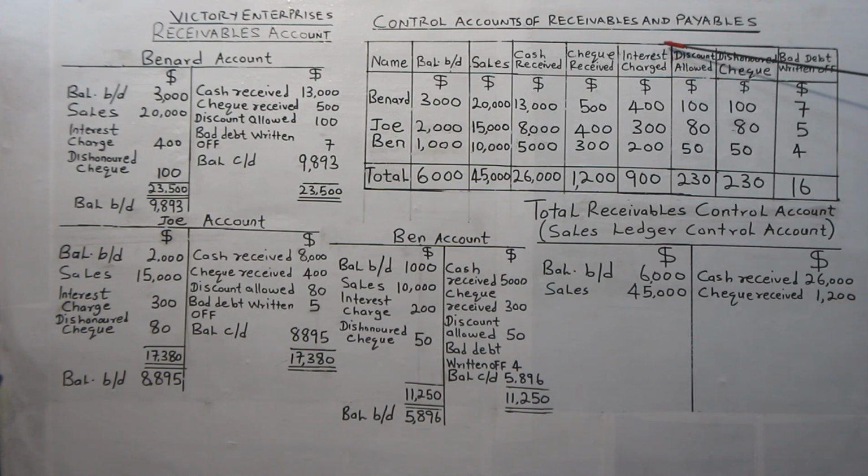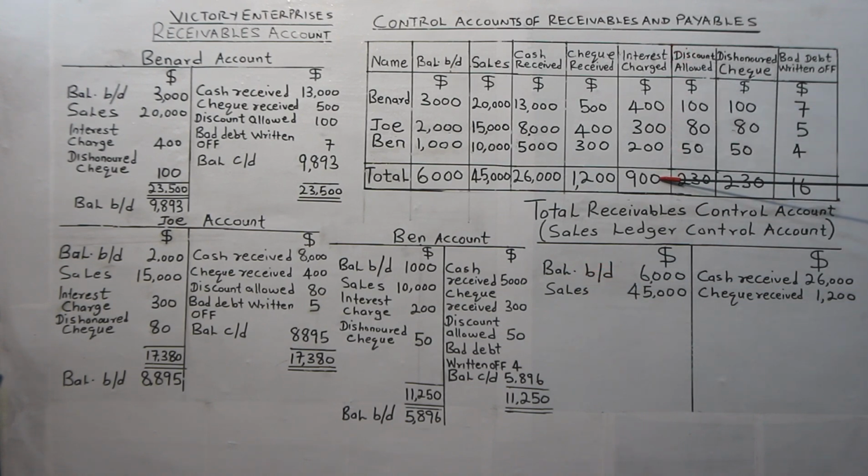From the table, the next thing we have is interest charge on customers. Any interest charge on customers increases the amount they are owing, and the total here is 900. Of course, we have to debit it, since all transactions that increase the amount receivables are owing should be debited alongside the opening balance.